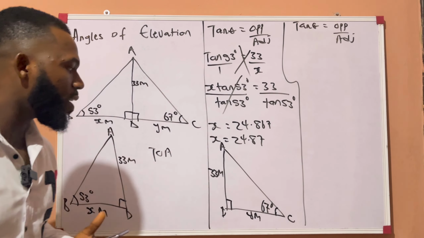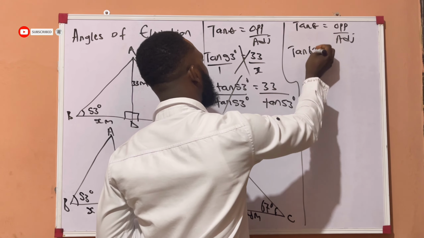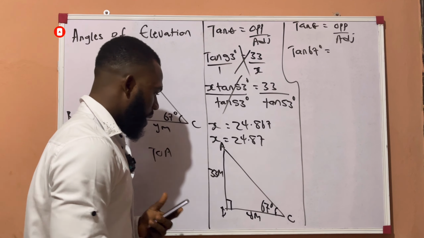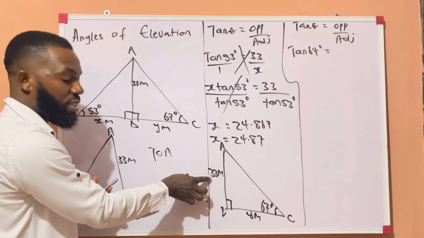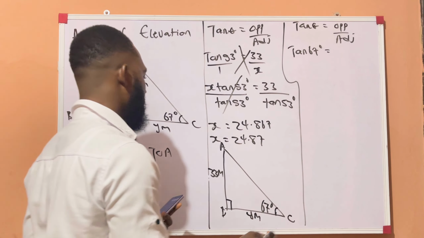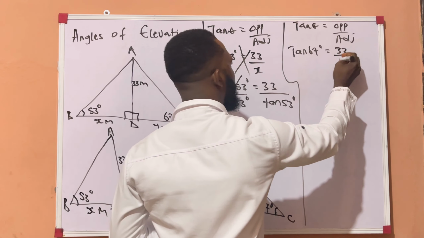Now our theta is 67 degrees, so tan 67 degrees is equal to the opposite, because our angle is here, the opposite becomes line AD, which is 33 also. So here becomes 33 over our adjacent, which is y.